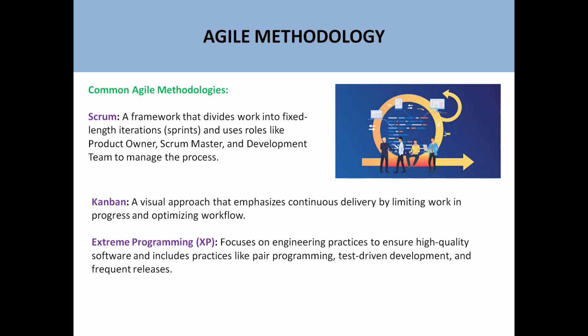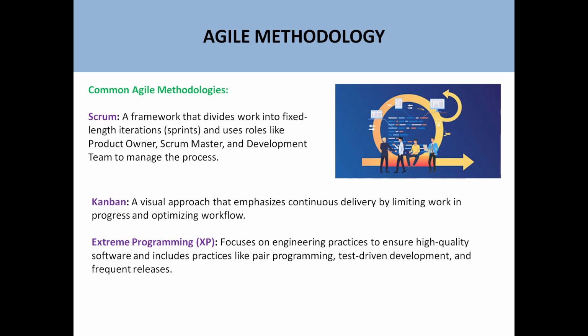If we talk about common agile methodologies, the first agile methodology is Scrum. Scrum is basically a framework that is based on the agile approach, and it also uses the concept of sprints, and there are roles like product owner, Scrum master, and development team to manage the process. Next is Kanban.